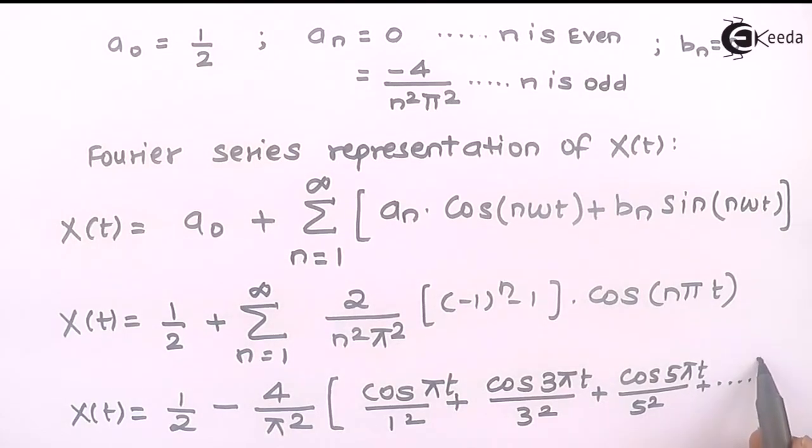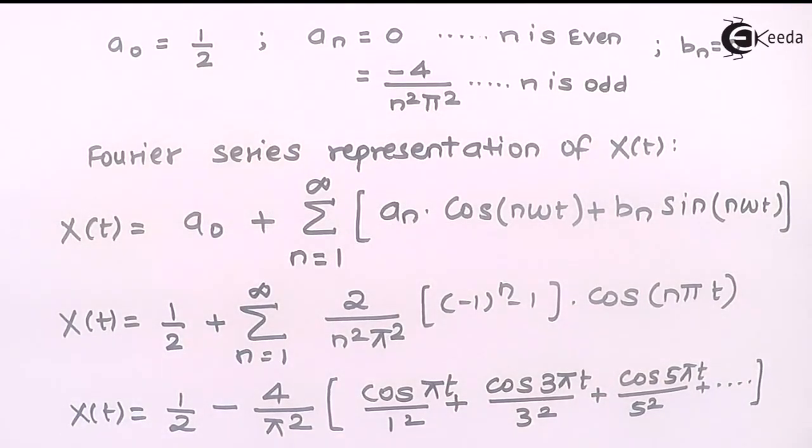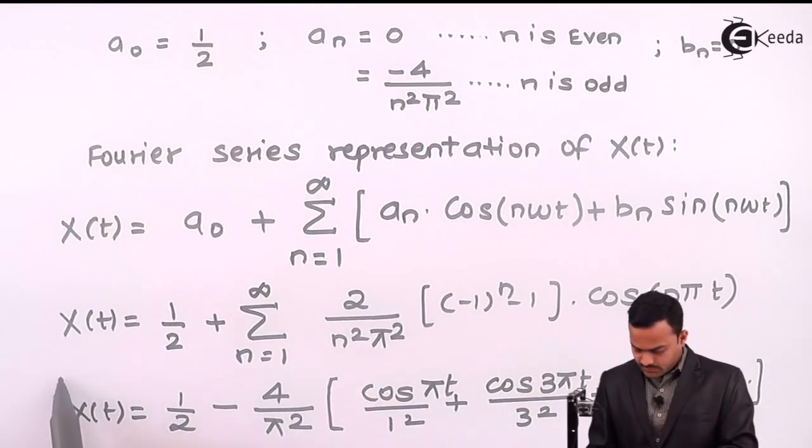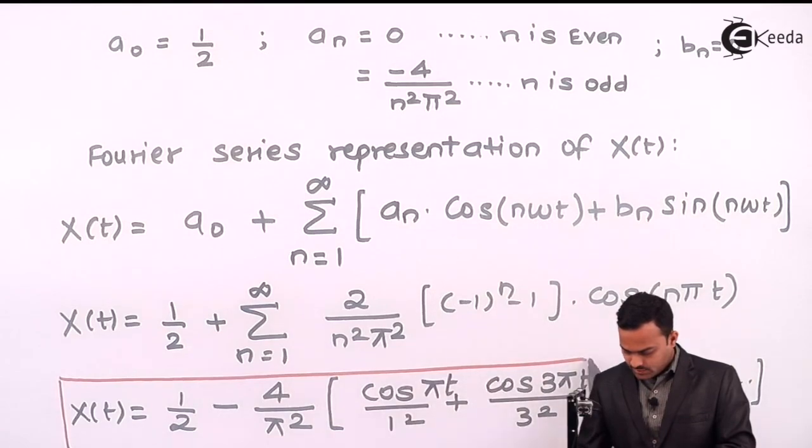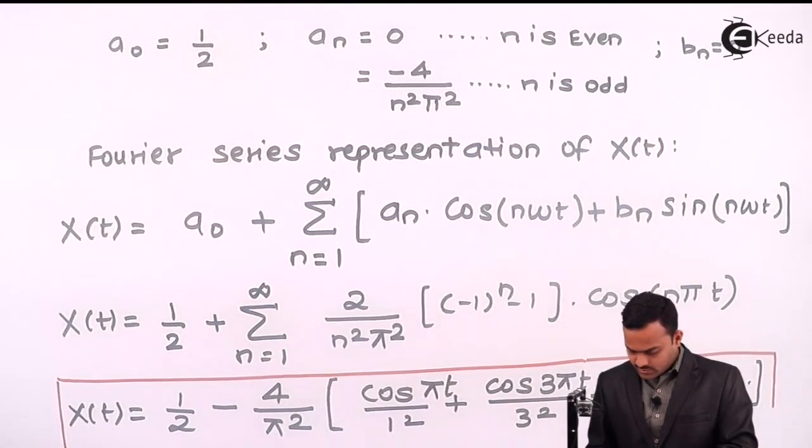So it will only be present for odd numbers of n, and this will be the Fourier series expansion or representation of x of t.